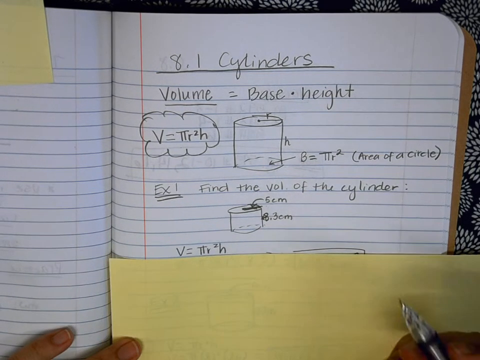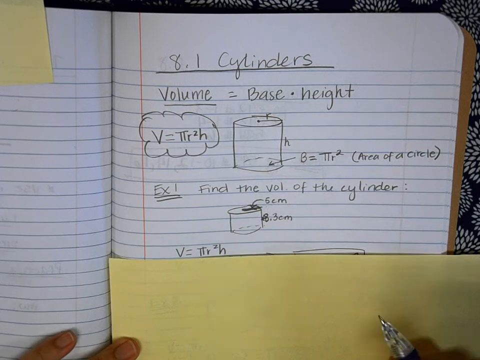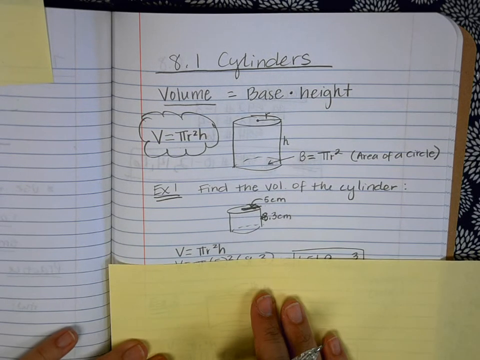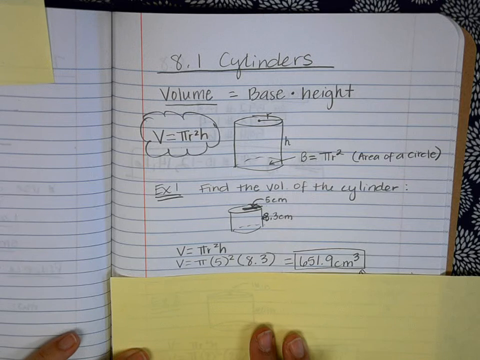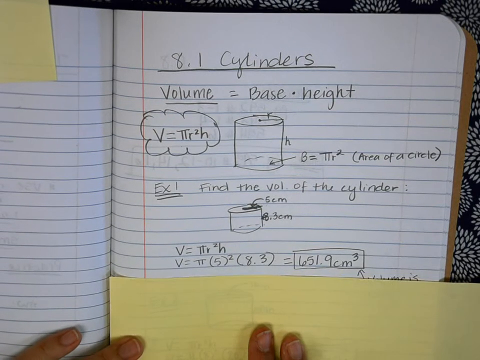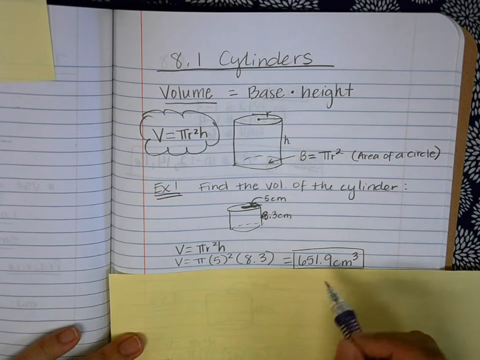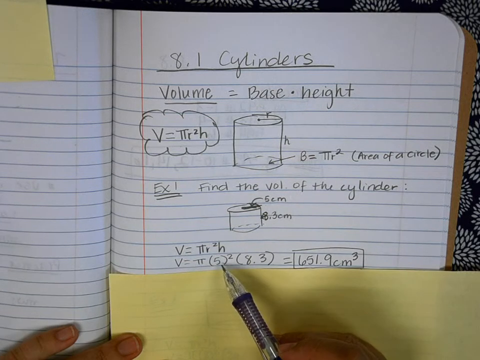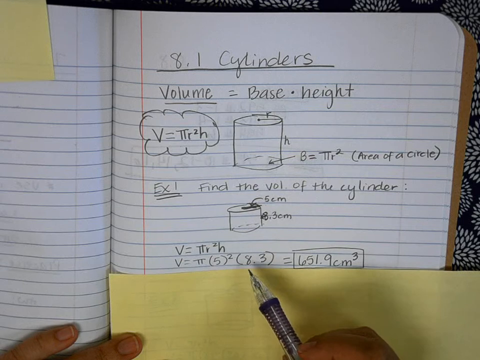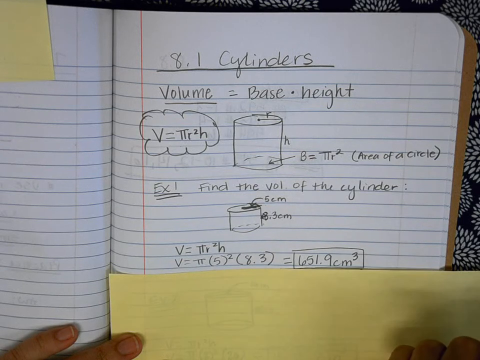So it's pi r squared h. And right now, if you have a calculator or a phone calculator, I want you to plug it in. We're going to do a calculator check. And I want to make sure that you get the answer that I got. Remember, you want to plug in your r first, square it, then multiply by pi and the number.